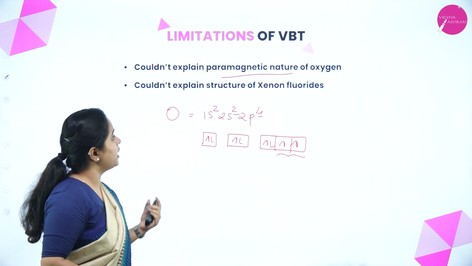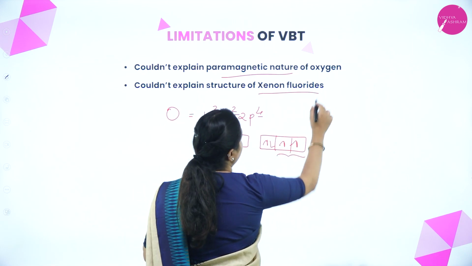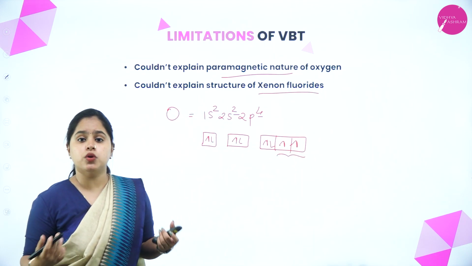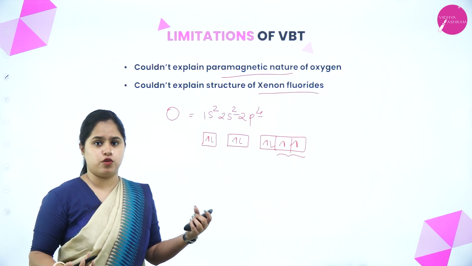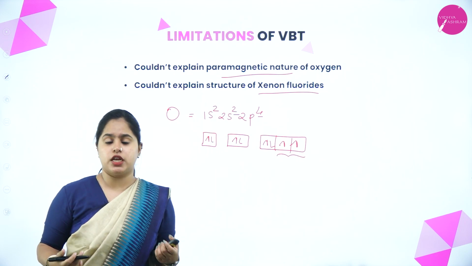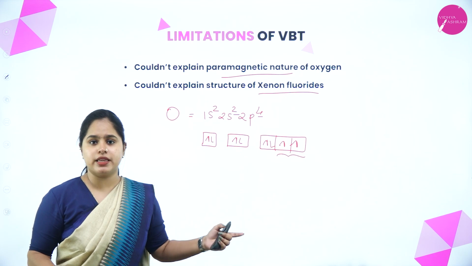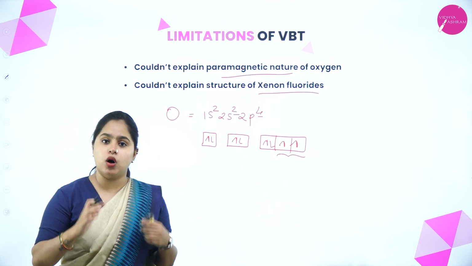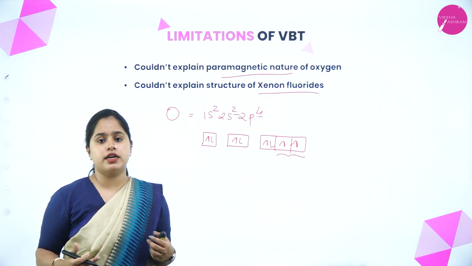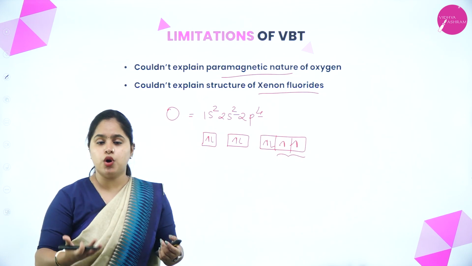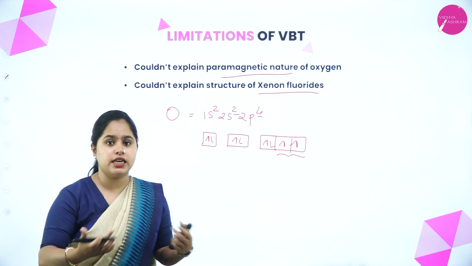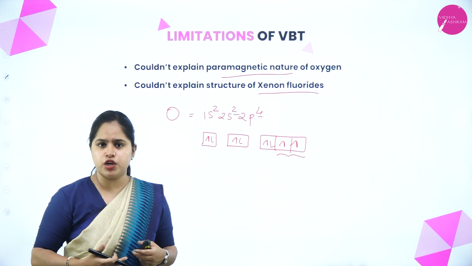The next one is that it couldn't explain the structure of xenon fluorides. Let's take the case of xenon. It comes under the noble gas group, right? It is a noble gas, so we know that they are already stable. If it is already stable, they do not form any compounds, that is, they do not take part in chemical bond formation, right?